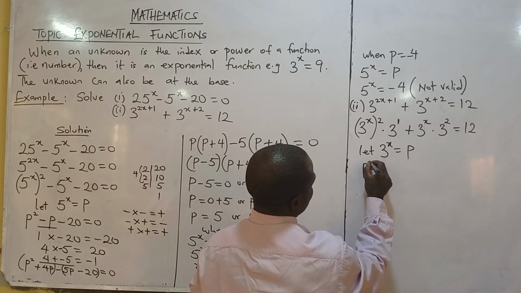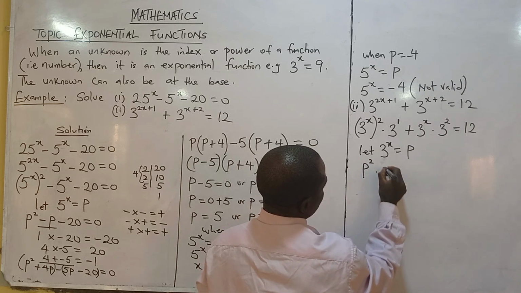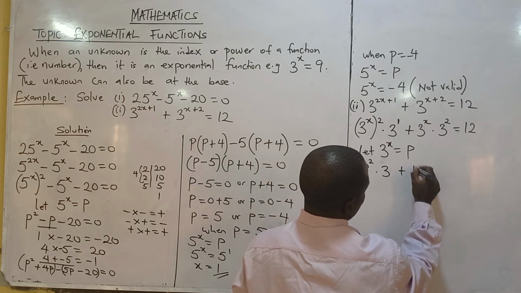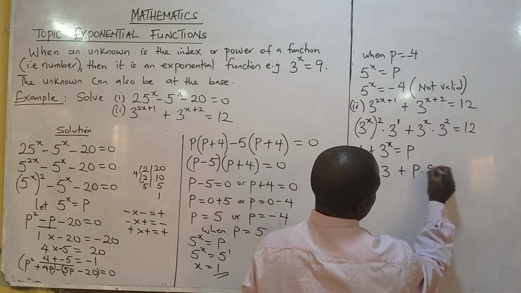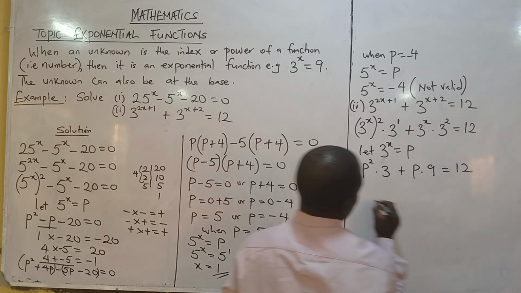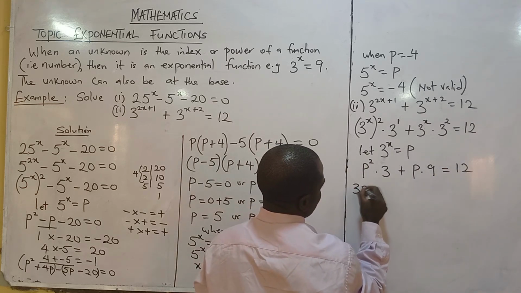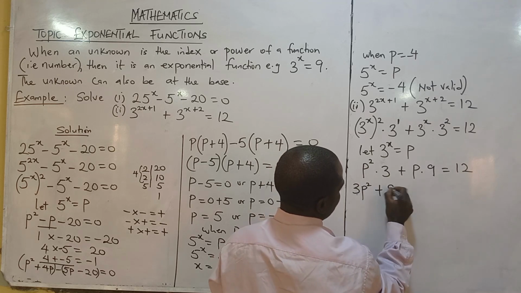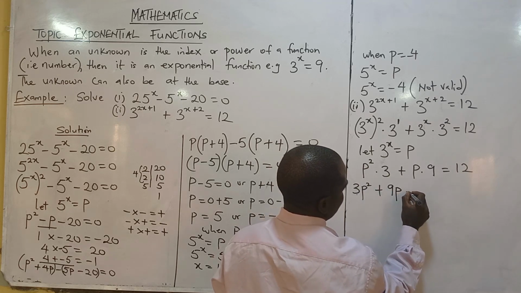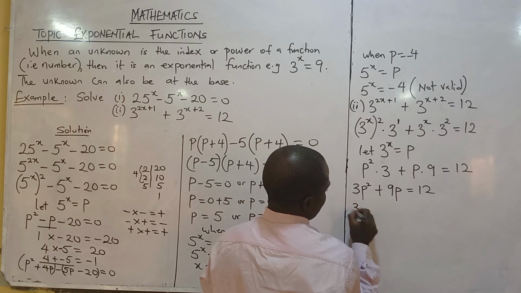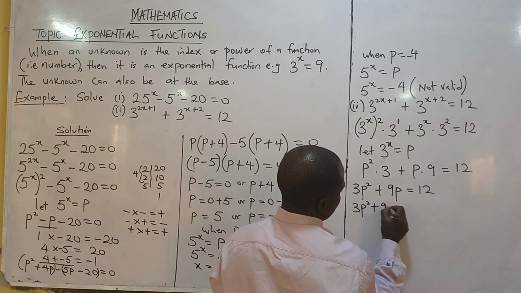Now you have p squared multiplied by 3, since 3 raised to power 1 is 3, plus p multiplied by 3 squared, which is 9, equals 12. You have 3p squared plus 9p equals 12.